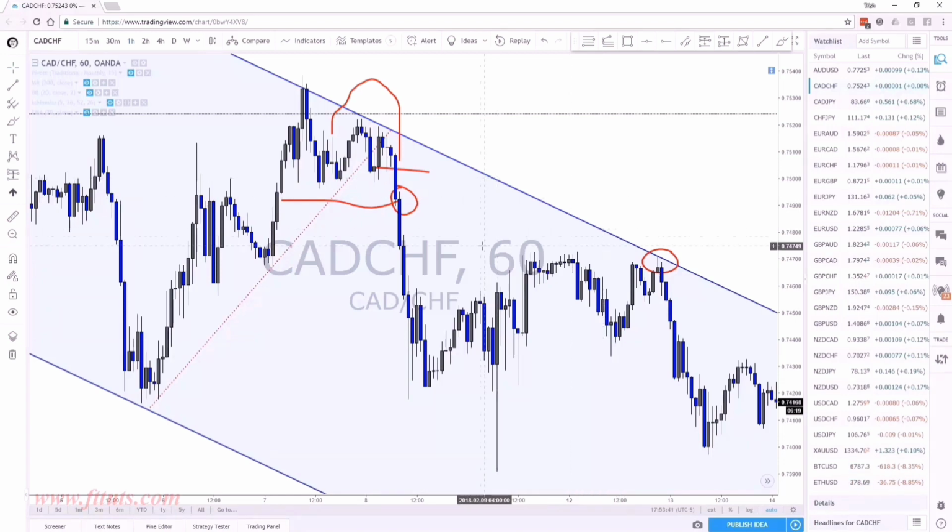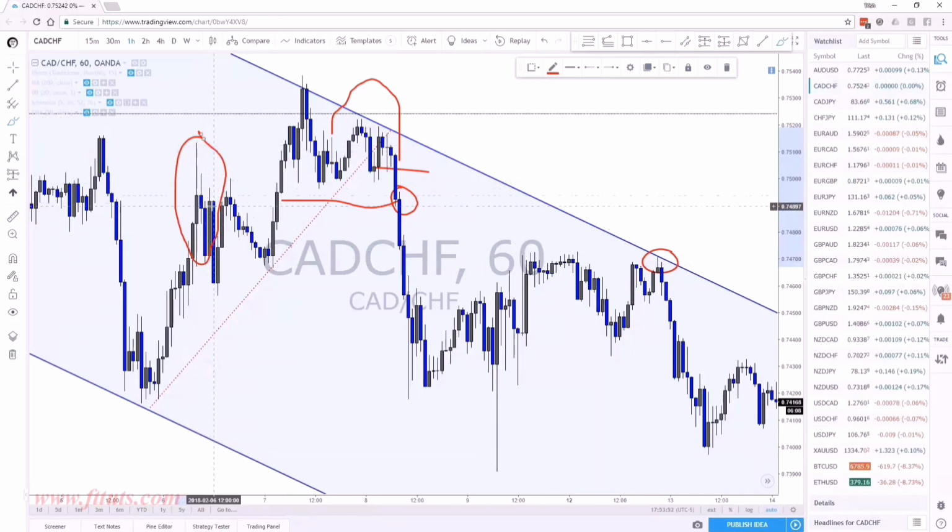When traders see, what's a good example? When they saw this right here, let's say that this candle hadn't shown up yet. That's not even there. When they saw that, and price is making lower highs, and it's in a downtrend, so it's obviously going to go down, right? It didn't. What did it do?